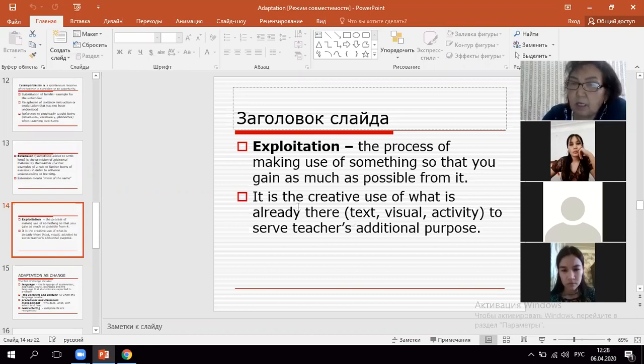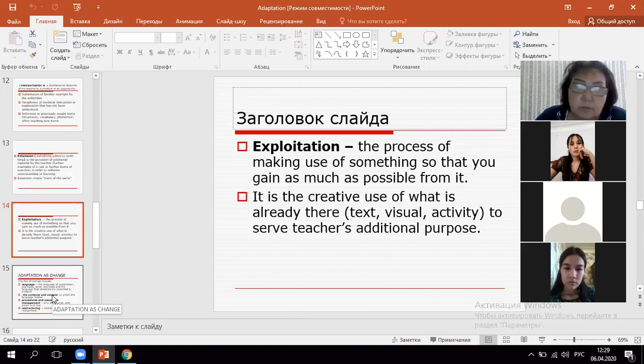In Russian, it is called exploitation. So using something for our own purposes. For example, we have a picture of Berdach in our classroom, and we can use this picture for describing an old man's appearance. Yeah? So this is called exploitation.